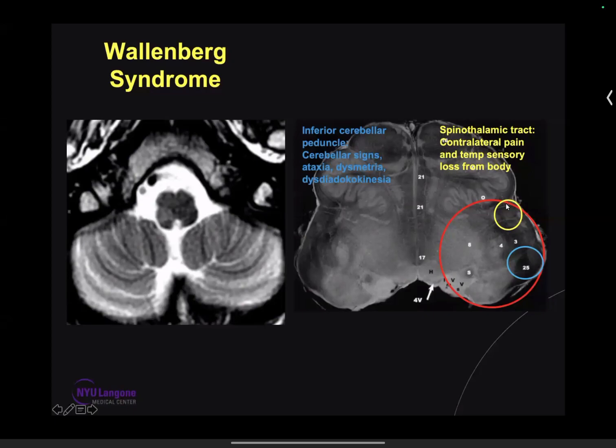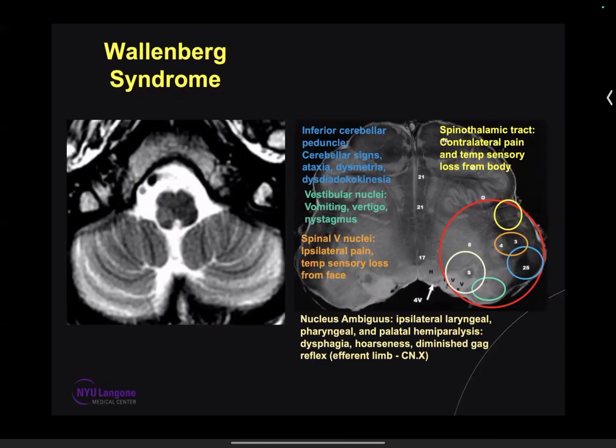Because the spinal trigeminal nucleus is involved, there is ipsilateral pain and temperature sensory loss from the face. Because the vestibular nuclei are involved, there is vomiting, vertigo, and nystagmus in these patients. Because the nucleus ambiguus is involved, patients have ipsilateral laryngeal, pharyngeal, and palatal hemiparalysis, dysphagia, hoarseness, and diminished gag reflex. They may not have all these signs and symptoms, but a complete Wallenberg should have some of these, right?